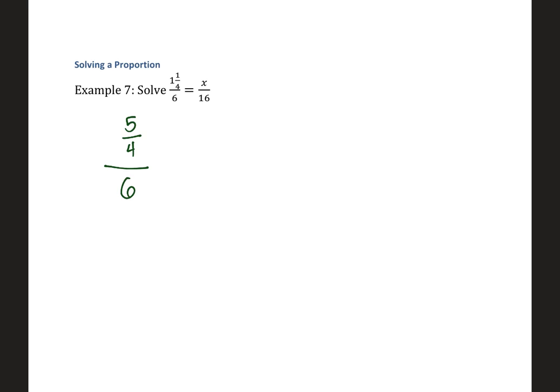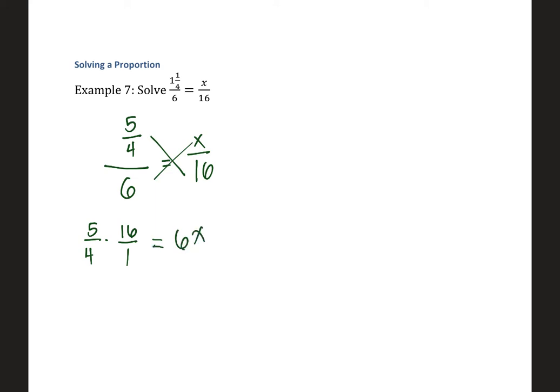I always want to differentiate those lines so I don't get confused. Is equal to x over 16. Some people like to actually simplify this into one fraction. What I want to do is just cross multiply. So 5 over 4 times 16, I might say 16 over 1, is equal to 6 times x.